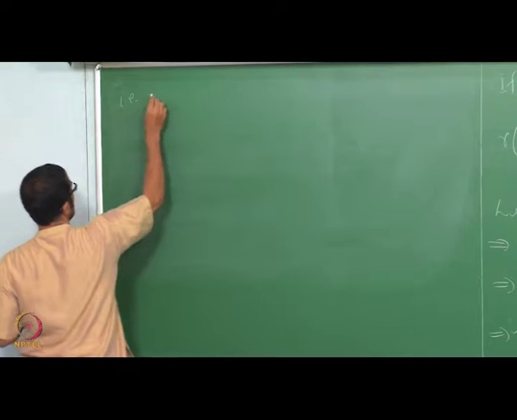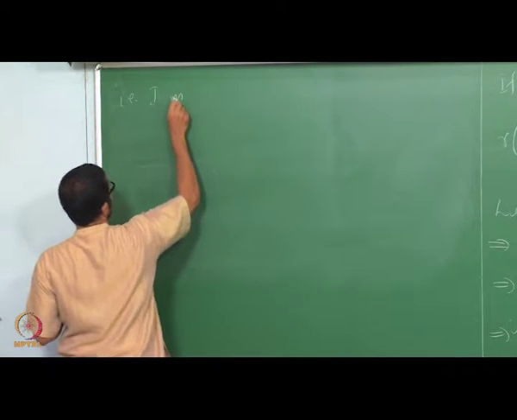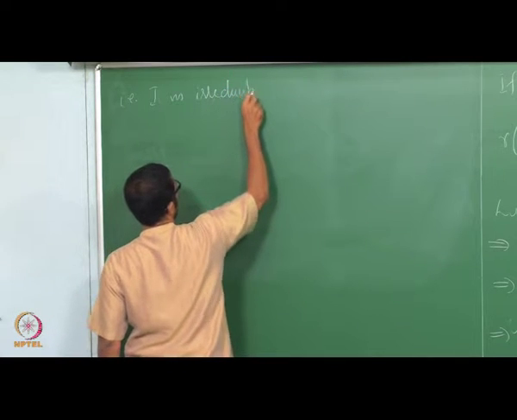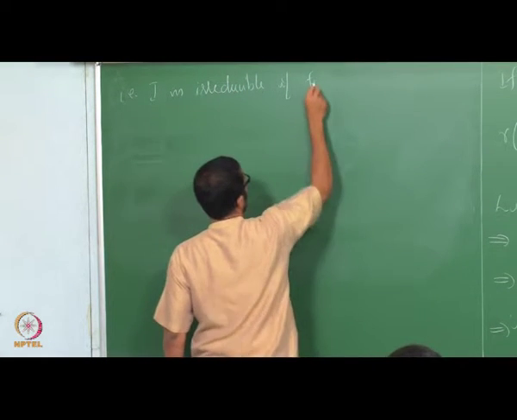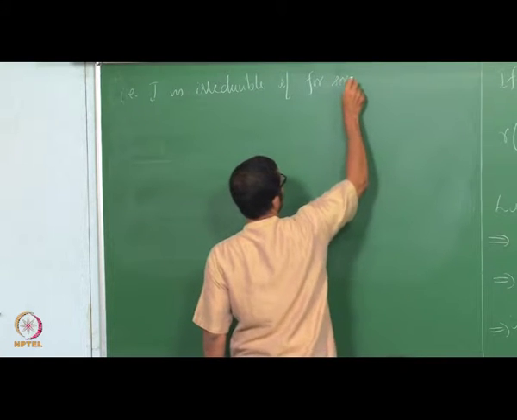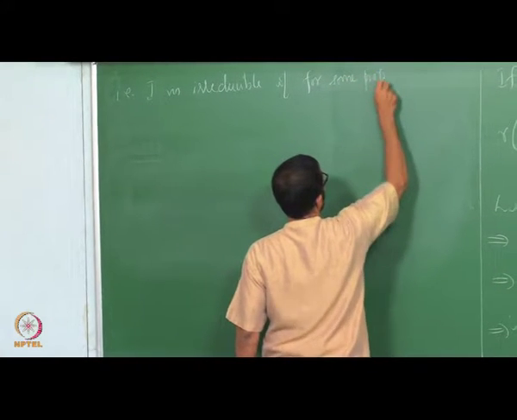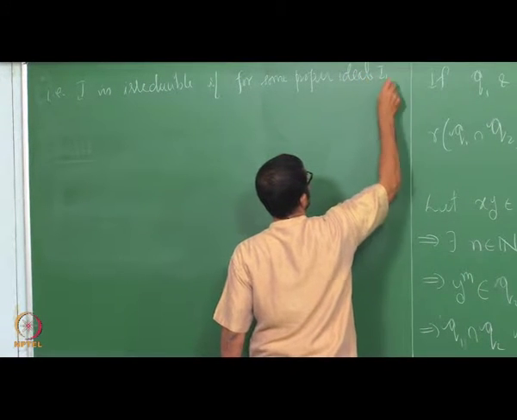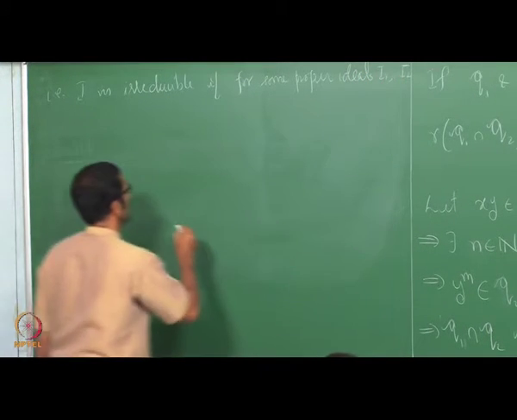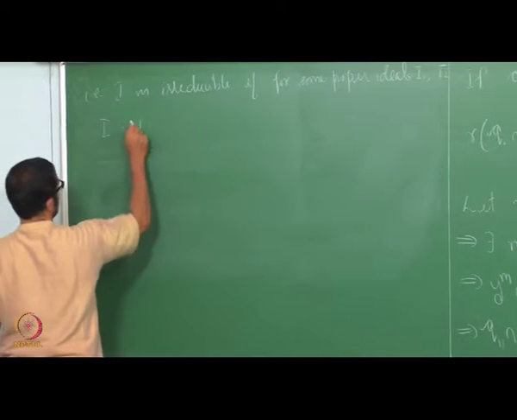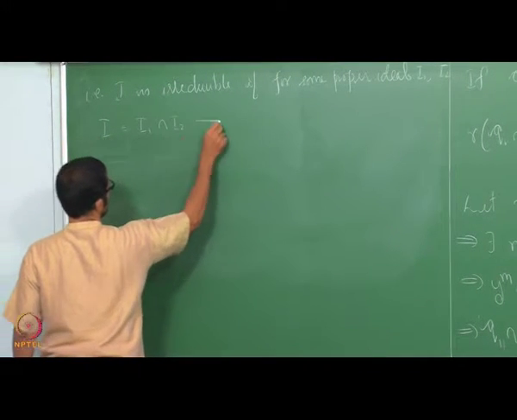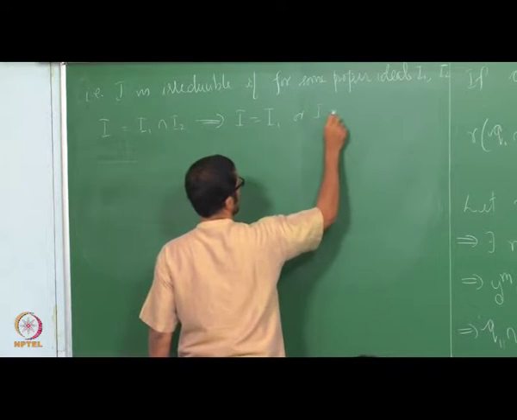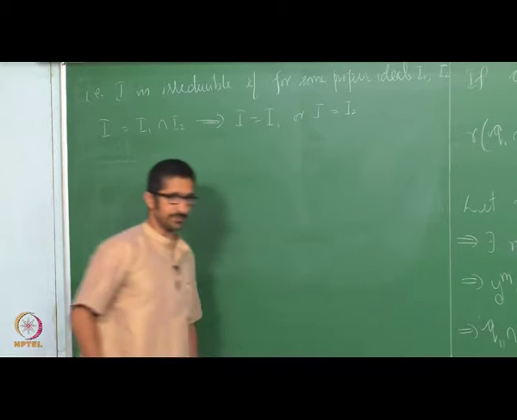That is, I is irreducible if for some proper ideals I1, I2, I is equal to I1 intersection I2 implies I is equal to I1 or I is equal to I2.